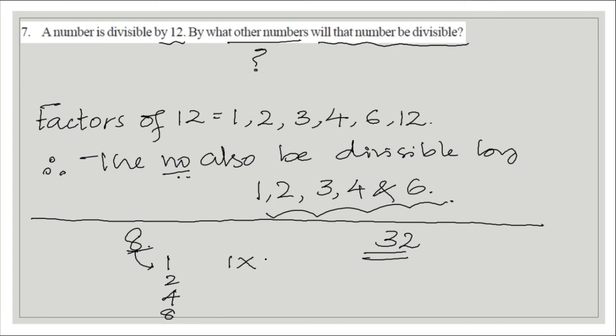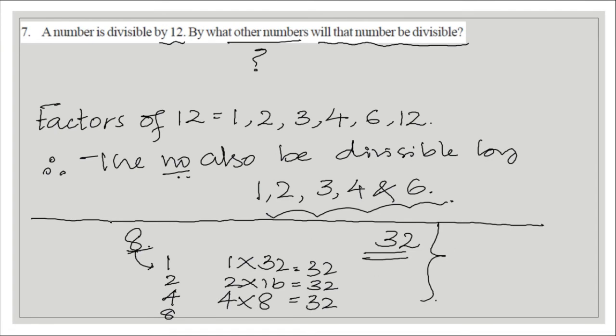We get 1 multiplied to 32 as 32, so 32 is divisible by 1. 2 multiplied to 16 as 32, so 2 divides 32. 4 multiplied to 8 gives 32, so 4 as well as 8 divides 32. It is like that. If a number divides another number, their factors also will divide that number.